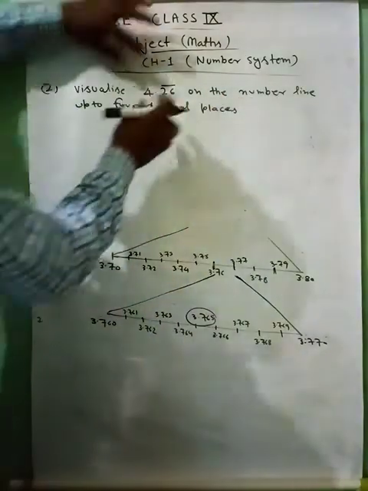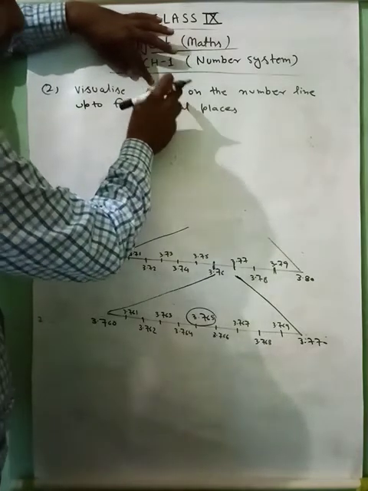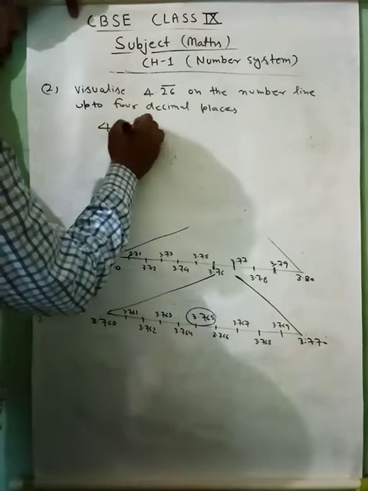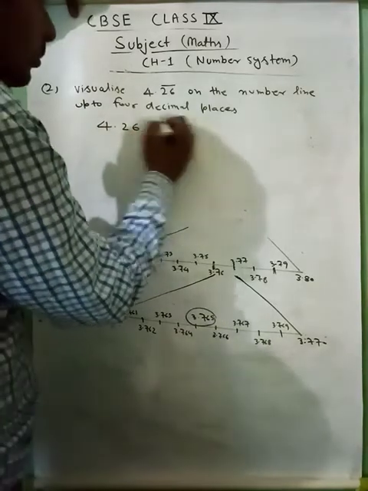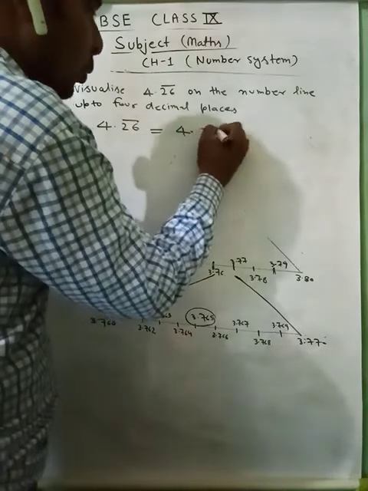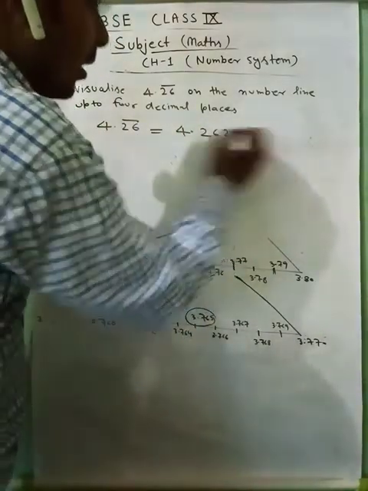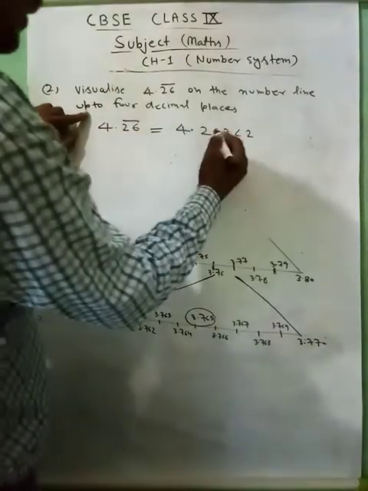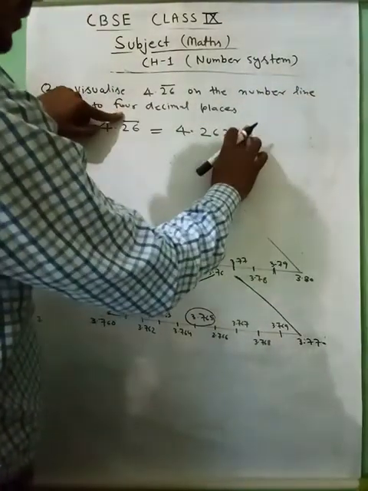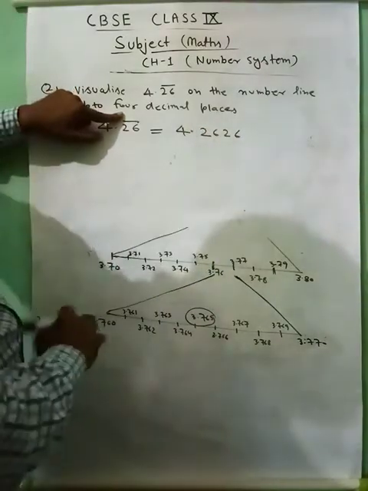We know that this number is non-terminating but repeating. So we can write 4.26 bar is equal to 4.2626, where 26 is repeating up to 4 decimal places, so we remove the rest. It is 1, 2, 3, 4, 4 decimal places.